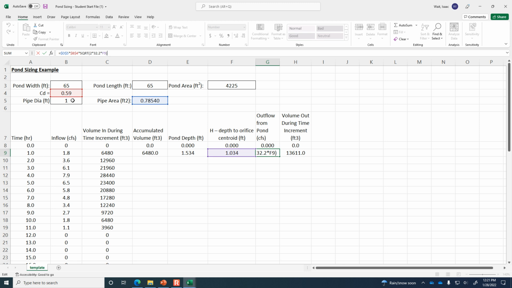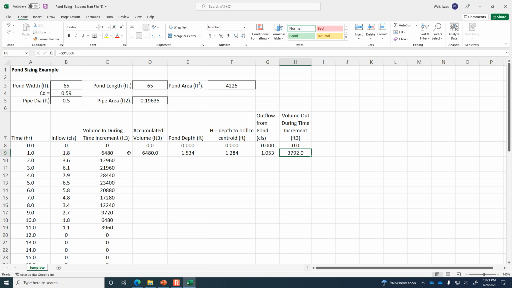That may be an indication that 1 foot is too big, if you have more flowing out than you had flowing in during the time increment. Let me change this. Instead of using a 1 foot diameter, let's say, how do things work if it's 0.5 foot in diameter? I think we'll get some meaningful numerical calculations now, because at least as far as the beginning of the storm, we don't want a higher flow rate out than flowing in.